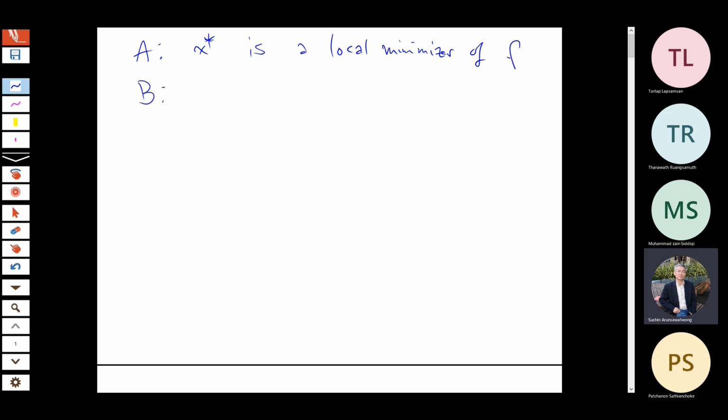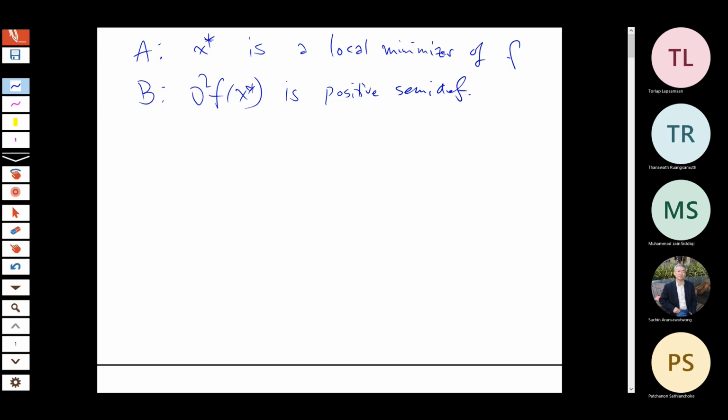And statement B is: the Hessian matrix is positive semi-definite. When we prove by contradiction, we want to prove that A implies B.